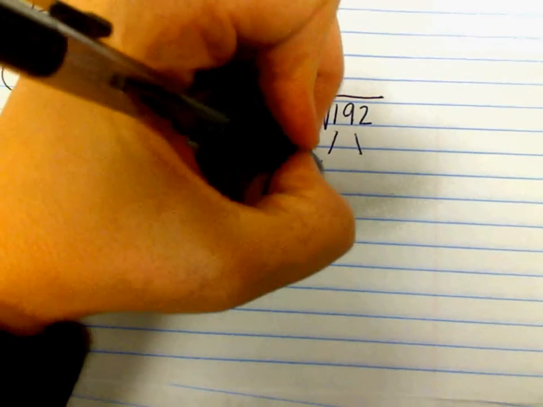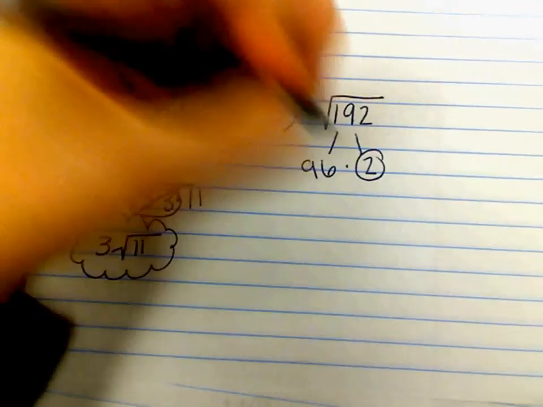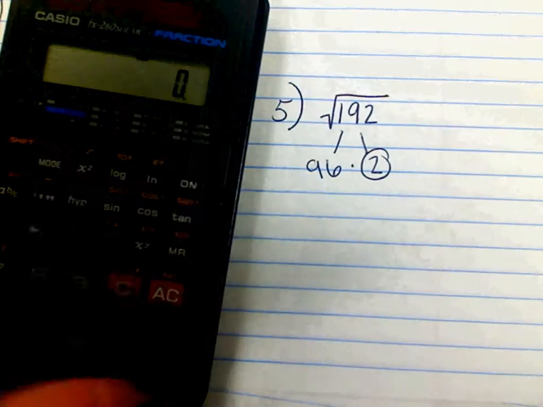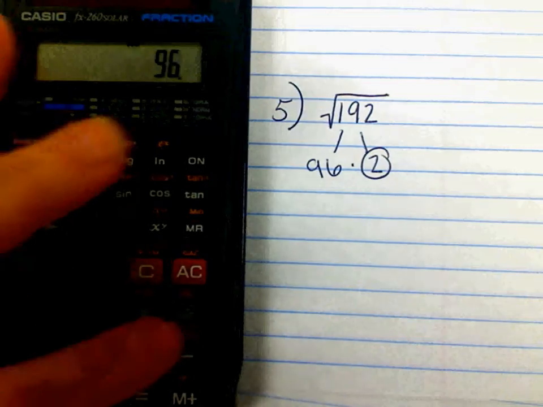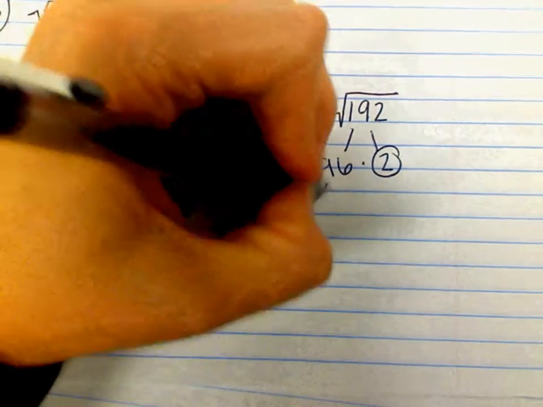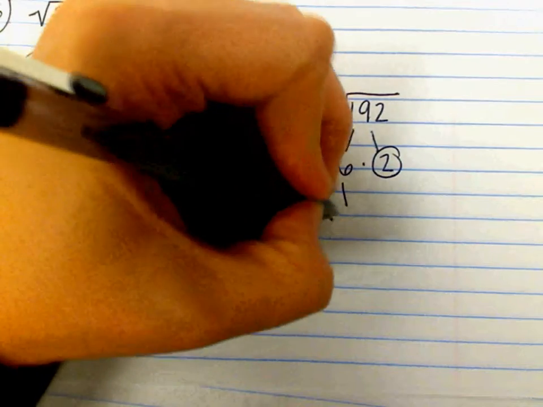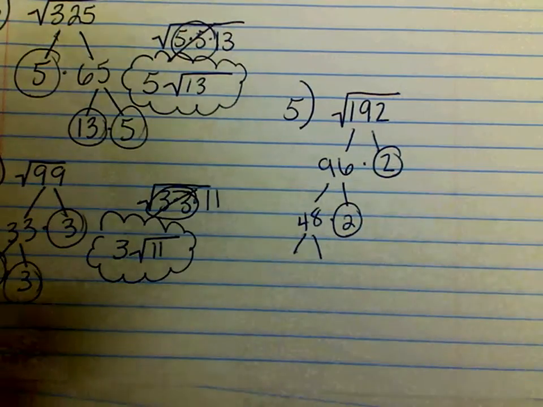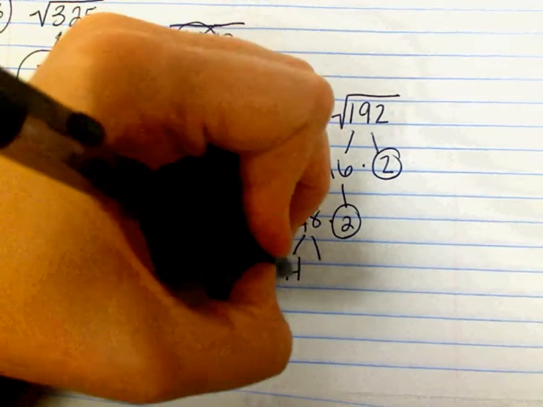So that's 96 times 2. Alright, again for 96, we can try dividing by 2. And that's 48. Divided by 2 is 24.